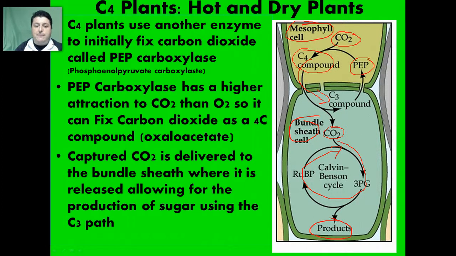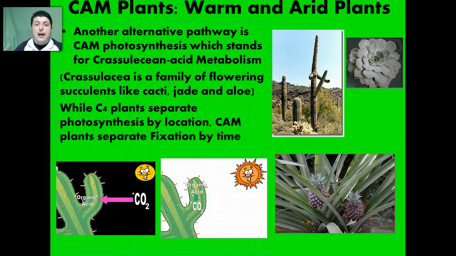and avoid doing photosynthesis. Another alternative pathway is CAM photosynthesis, which stands for crassulacean acid metabolism. It gets its name from the family of plants, the Crassulaceae, which perform this form of photosynthesis, including cacti, jade, and aloe.